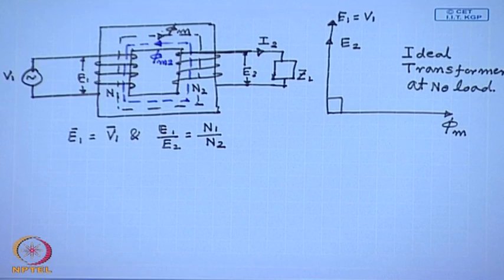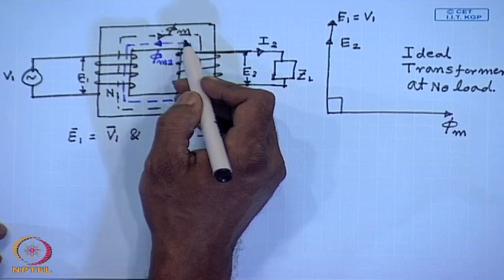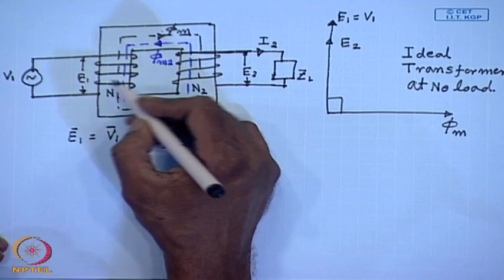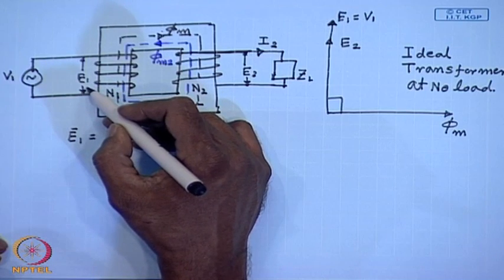As a result, the total flux linking coil 1 will become phi m minus phi m2. So, the total flux linking coil 1 will reduce, hence E1 will reduce.